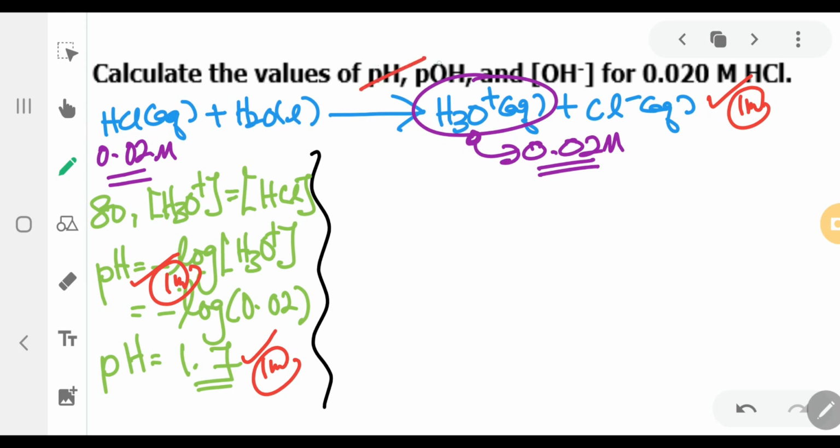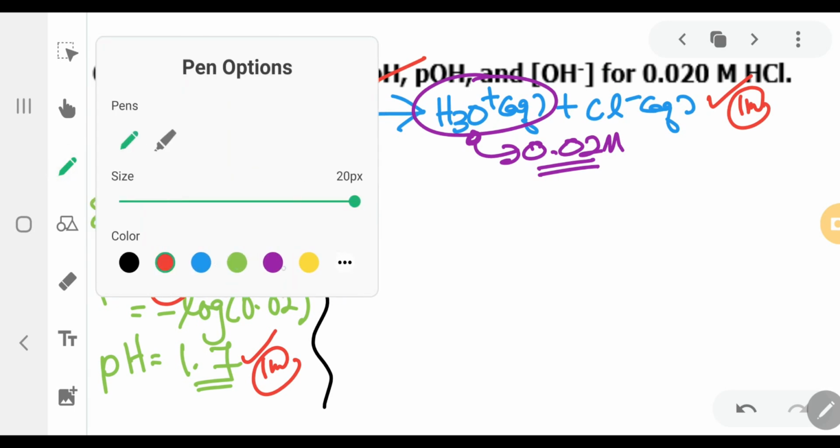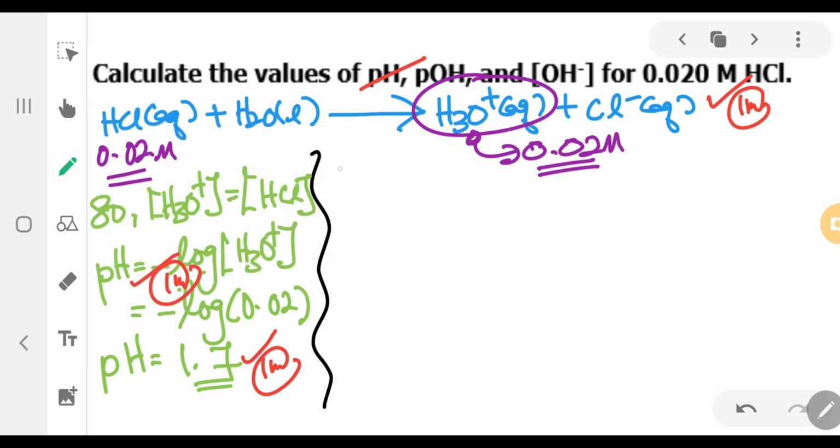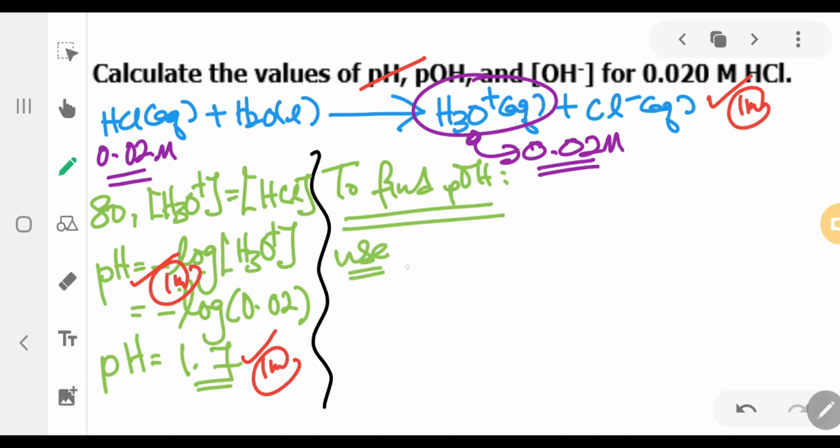So what about pOH? To find pOH, what do we need to do? We're going to use pH plus pOH equals 14. We have found the value of pH, so we just plug in the value there.